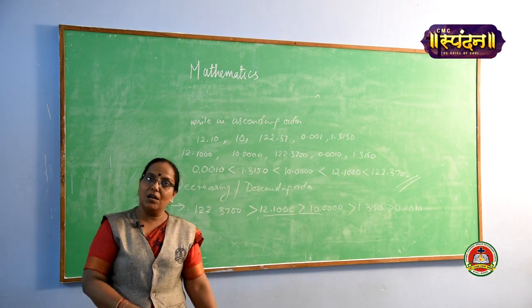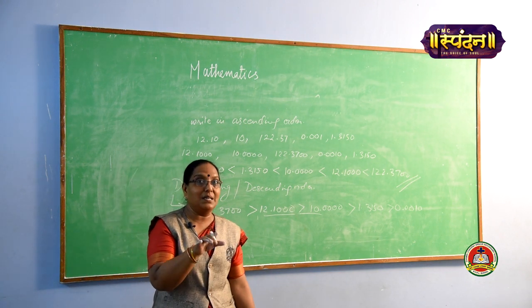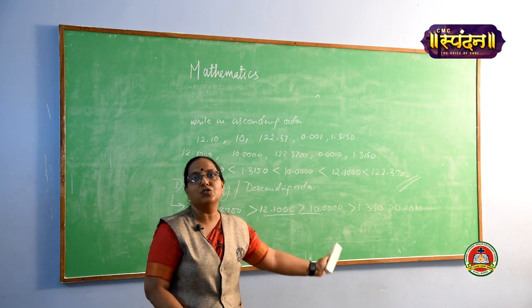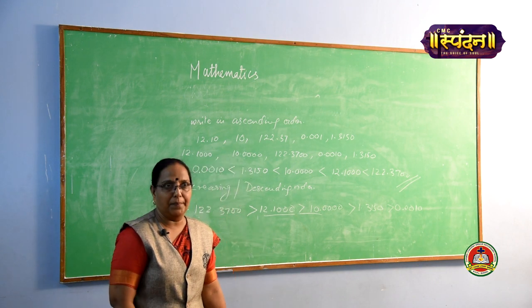Clear? Ascending order and decreasing order are also done with the same concept, comparison. If you do not know how to compare, then it is difficult to write ascending or descending order. So you should know how to compare.